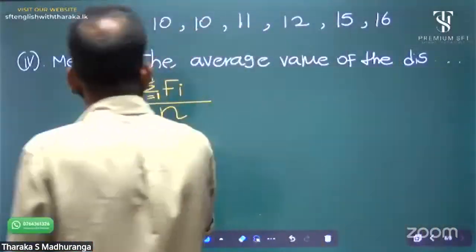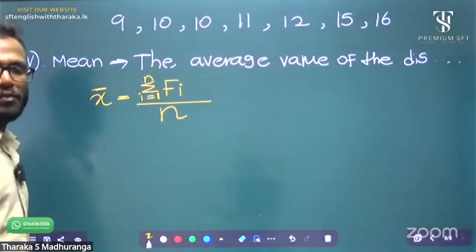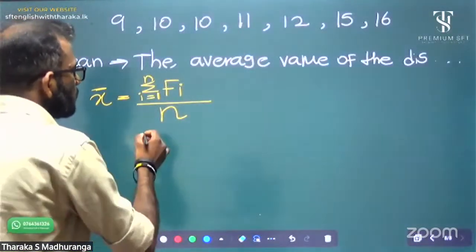So the mean is the summation of fi divided by the number of data.